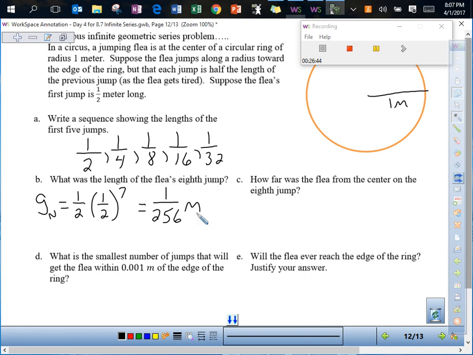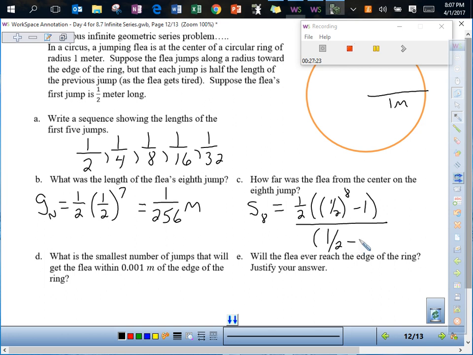On part C then it says, how far was the flea from the center on the 8th jump? This is asking me to add up those first 8 terms. It's asking me to add up a half, a fourth, an eighth, a 16th. So I'm going to do this. The sum of these 8 jumps is going to be g sub 1 times r to the 8th minus 1, all over r minus 1.